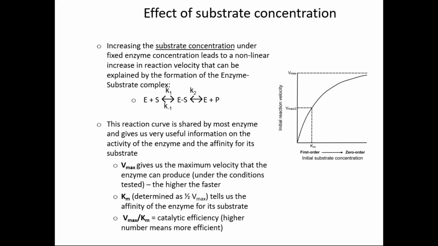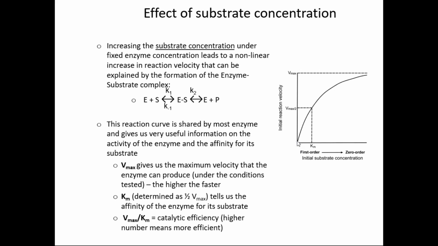If you look at the effect of substrate concentration on the graph, with the substrate concentration on the x-axis and the velocity of the reaction on the y-axis, initially you will see that the velocity is directly proportional to the substrate concentration, or it follows first order kinetics.